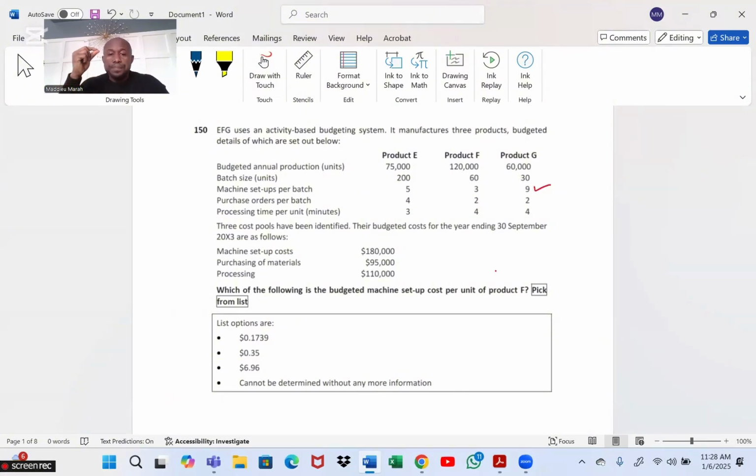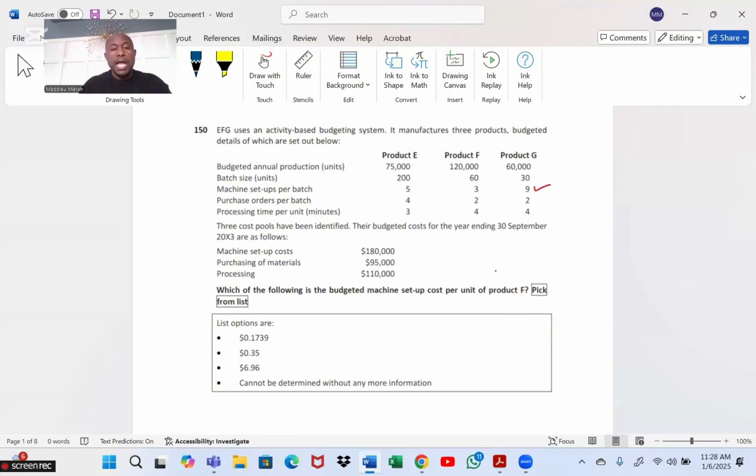And the batch size is in units. It's a little bit tricky. The batch size is in units, and the machine setup cost is per batch, but we are asked to calculate the machine setup cost per unit for product F. It's a little bit tricky.